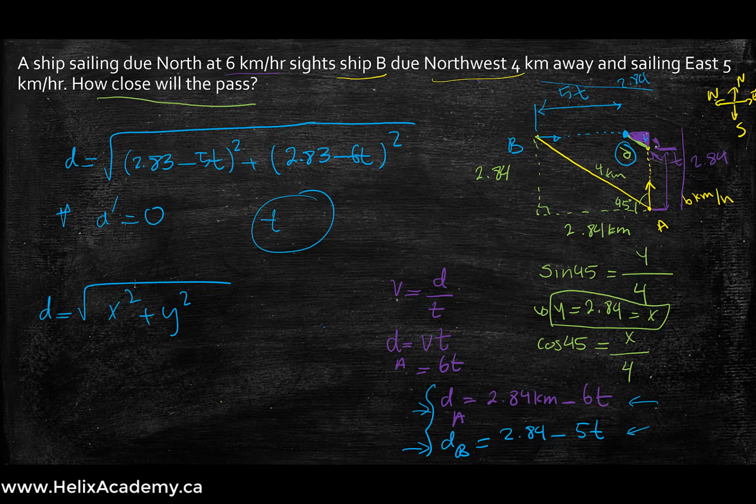So where these guys are actually going to meet, negative 0.23. So from this point, ship A would be at 0.23, and B is going to be at 0.278. So it will be somewhere here. So that's actually where they're going to meet. So they're not going to meet where we assumed they were going to meet. They're going to pass this point. That's why we got a negative number here.